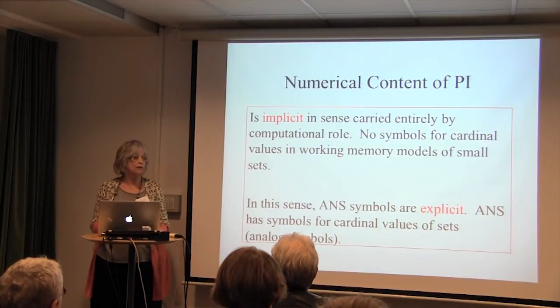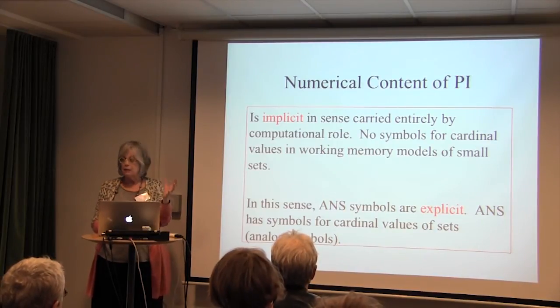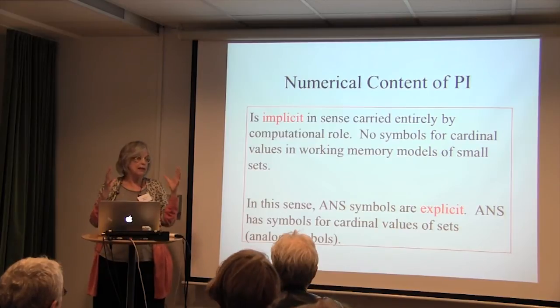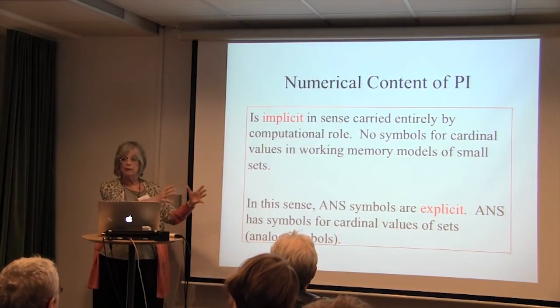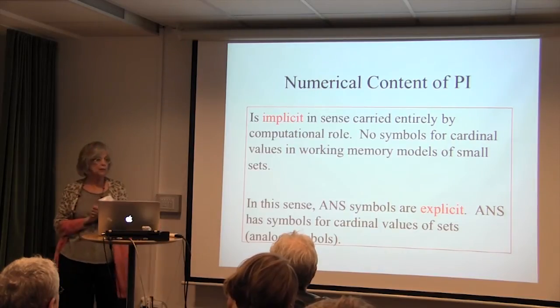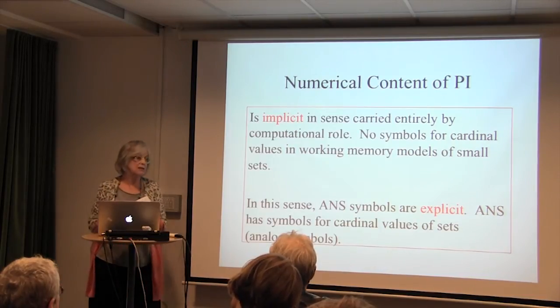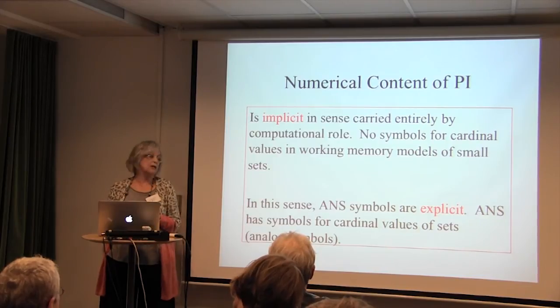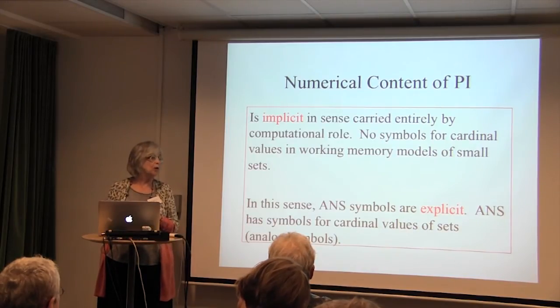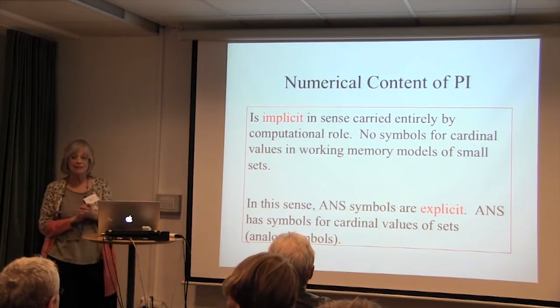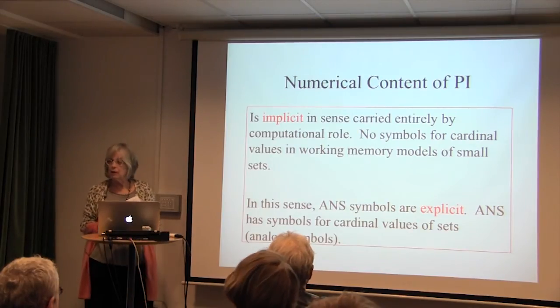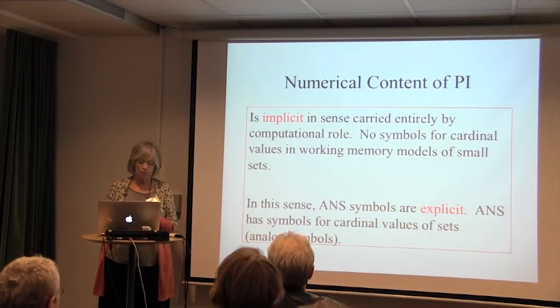There's only symbols for individuals. And of course, the number of individuals in your model stands in one-to-one correspondence with the number of individuals in the set. That's just because there are rules, they're sensitive to numerical identity, knowing when to open a new object file, right? So it works out that this is tracking number, but not with any symbol for number, okay?